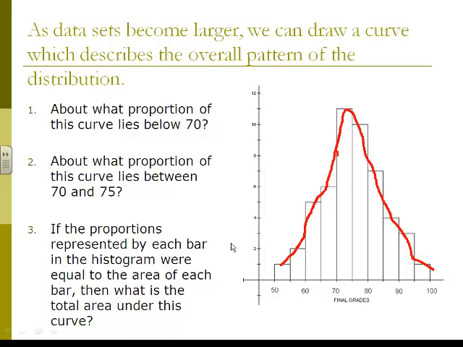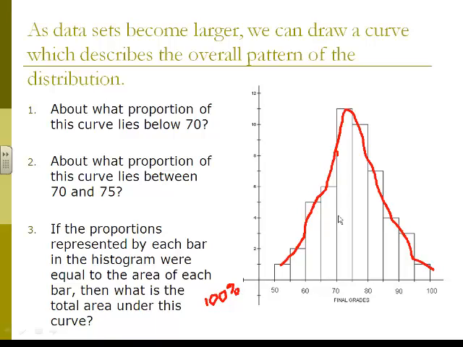If the proportions represented by each bar were equal to the area under the bar, so this proportion was 1 out of 50, this was 2 out of 50, this was 5 out of 50, and so on, what would you get if you were to add up all the area under the curve? Hopefully you recognize that if we add up the area of each bar, which represents the area underneath the curve, that would add up to 100%.